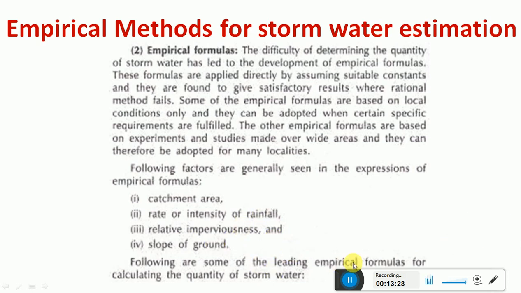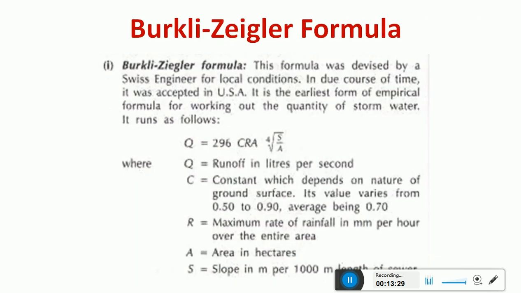Some of the leading empirical formulas can be used for the estimation of storm water. One such formula is the Berkeley-Ziegler formula, devised by a Swiss engineer. In a short course of time, it was also accepted by the USA, and it is the earliest form of empirical formula for working out the quantity of storm water.